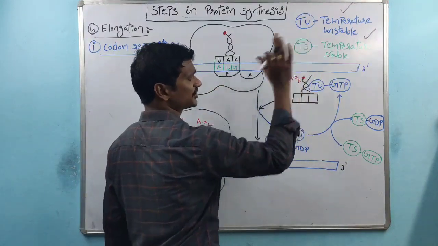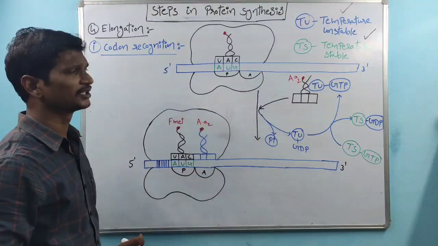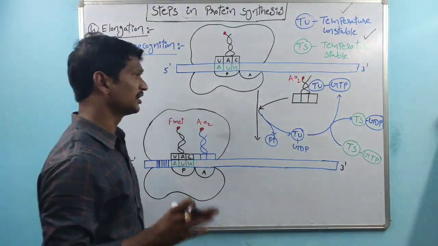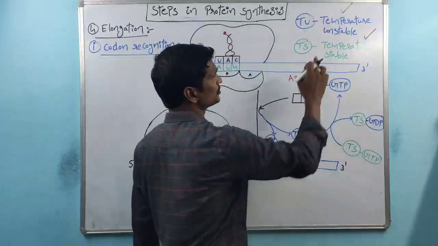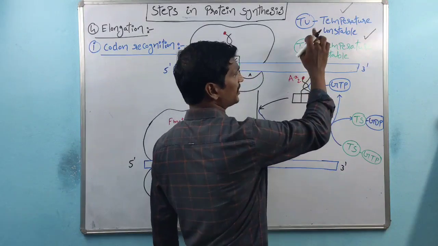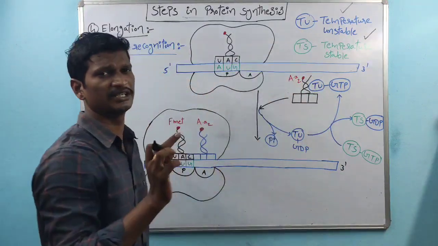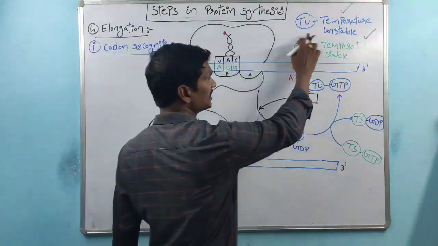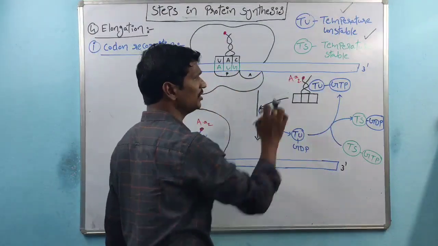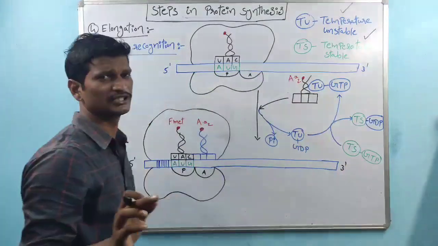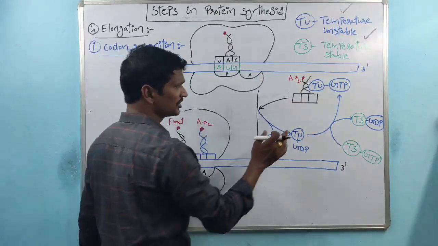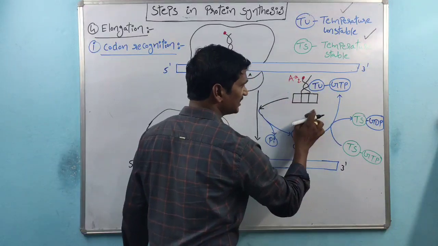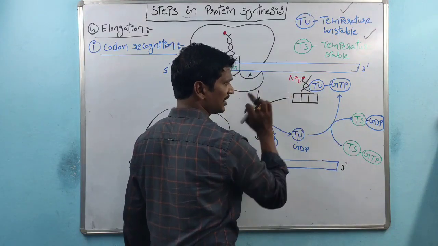Continuously the codon recognition takes place, supported by the two factors, TU factor and TS factor. TU indicates temperature unstable, TS indicates temperature stable, right?